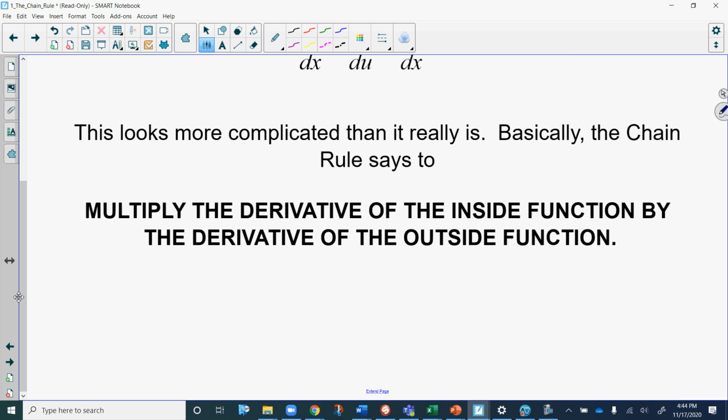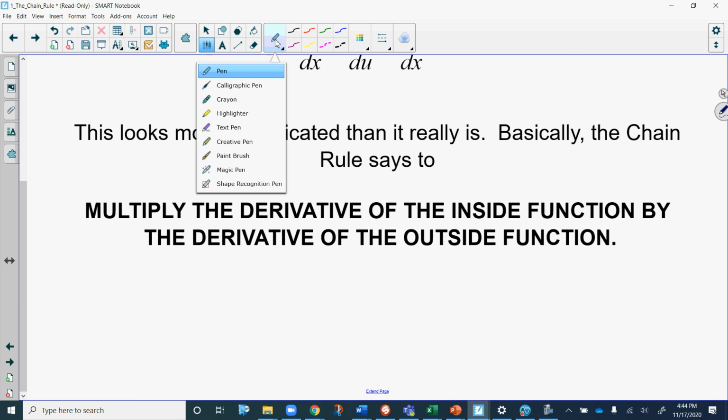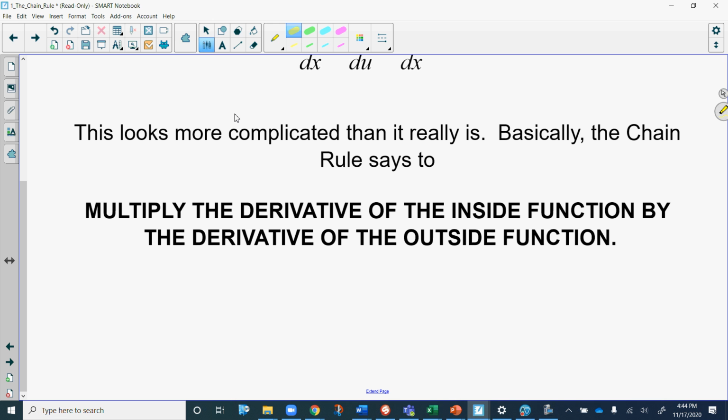But this is really what we're looking at here. This is what we need to understand: to multiply the derivative of the inside function by the derivative of the outside function, or vice versa. Sometimes it may be easier to find the derivative of the inside first and then do the derivative of the outside. And that certainly follows with how you're trained to think about your normal order of operations.